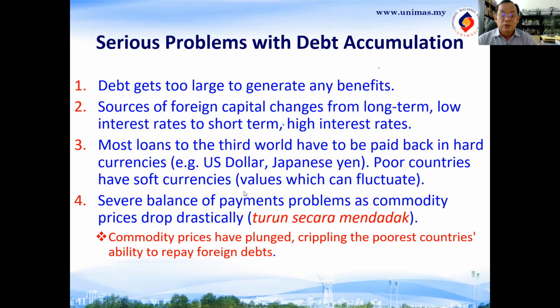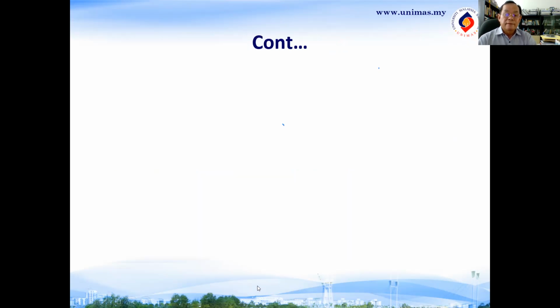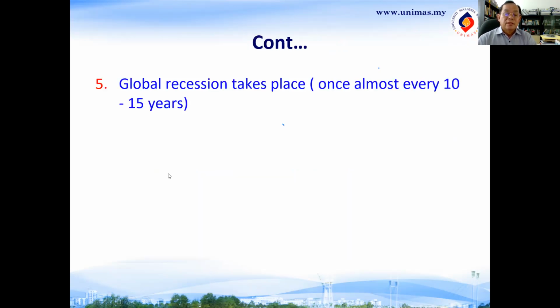Jadi karena itu sumber lah sebenarnya, harga komoditi yang diekspor tu kalau ianya turun, maka nilai mata wang yang diperolehi daripada ekspor tersebut juga akan menjadi kecil, ya. So that is contributing to the problems of debt tadi, ya, ataupun hutang tadi.